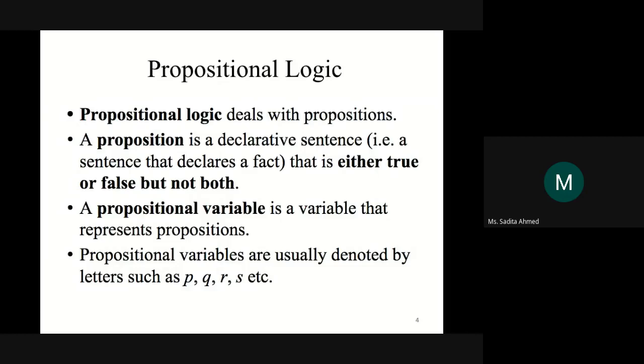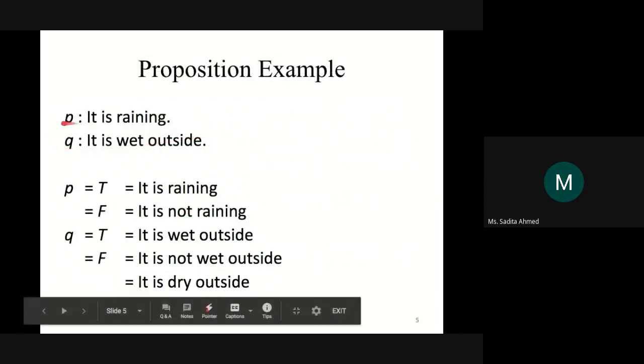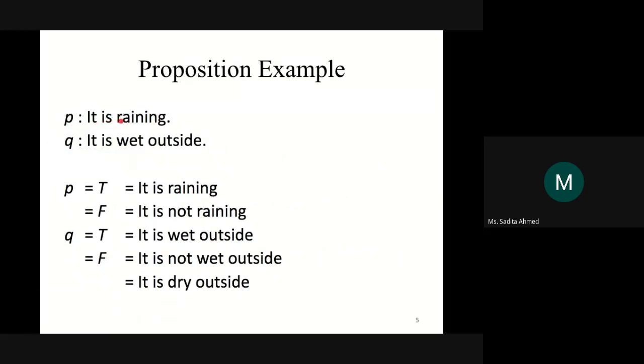So understand the differences. In case of a purely propositional statement, we do not know the truth value of the proposition. It can either be true or false. So when we say P stands for it is raining, we say that P represents the statement it is raining. But what is the value of P?